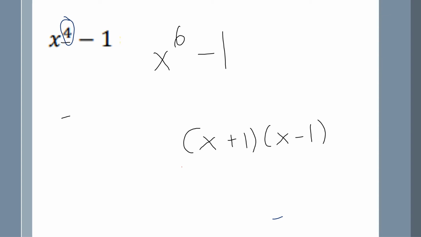How many x's did I take away? 2. So what's going to be left? x to the 4 plus 1. And when you factor that, you're still going to have the same answer as this guy right here. So that's just ways of dealing with difference of squares with crazy exponents that are bigger than square, which is 2.